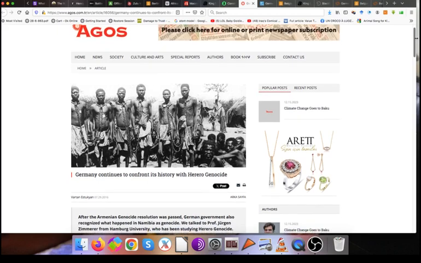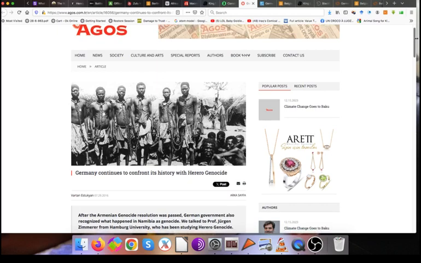For instance, out of every 100 people who were sent to the concentration camps, 74 lost their lives, and that's a pictorial depiction of Germans with Namibians with chains around their necks, chained up, and just left to die in concentration camps.